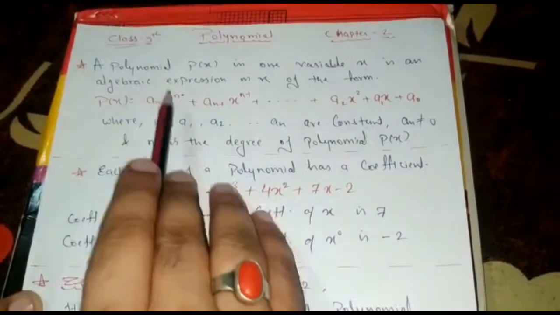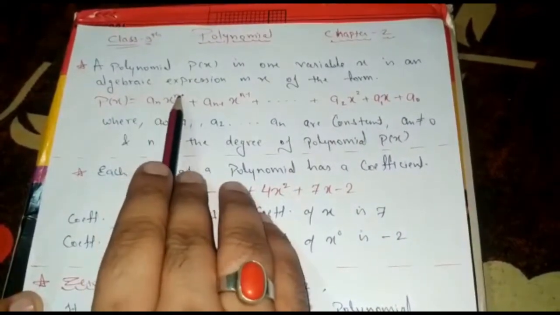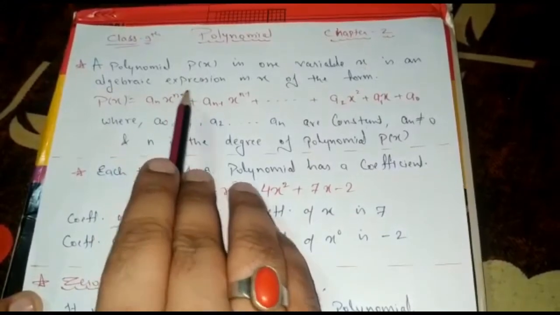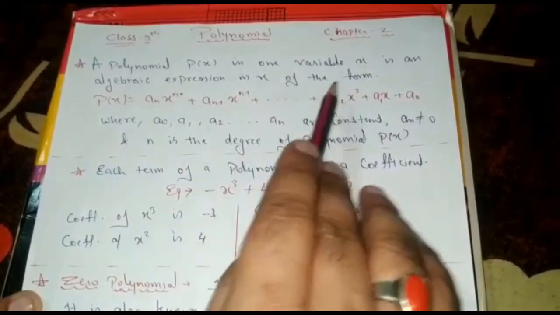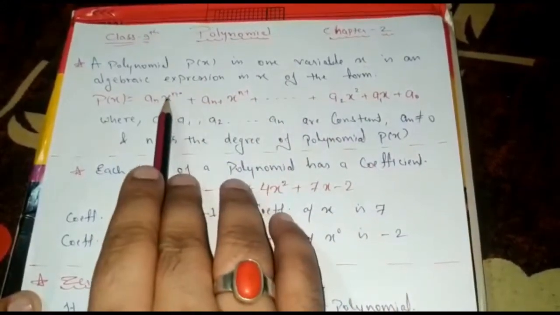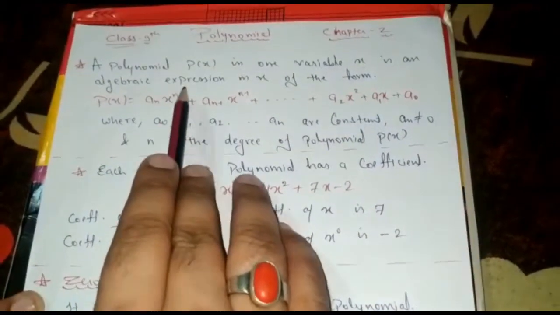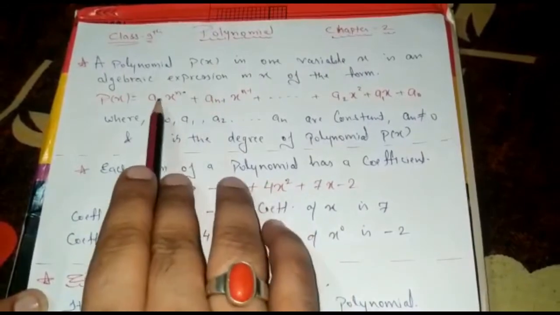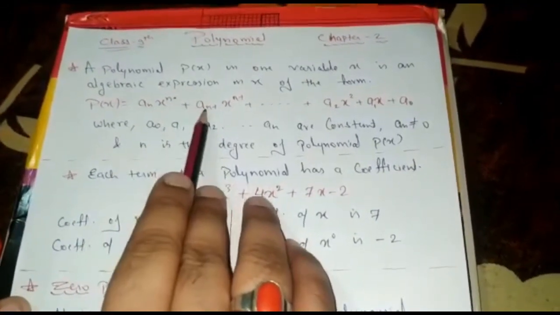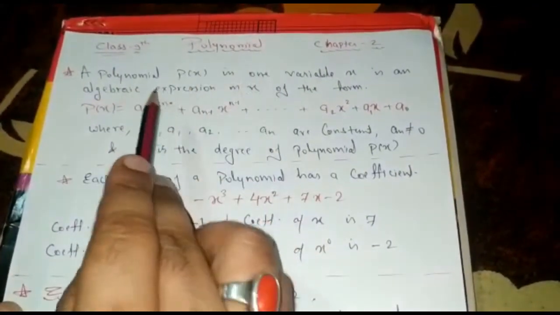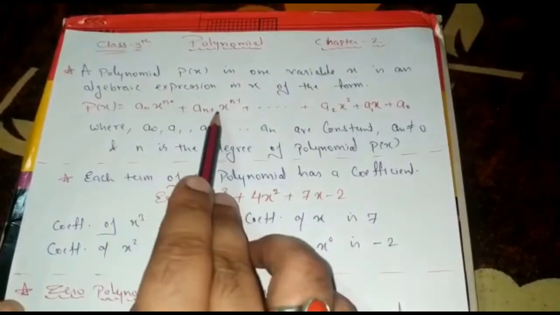So in x^n, the degree of x is decreasing with the next term. On the first term we have a_n x^n, and in the next term we have a_(n-1), so one value is decreased. Similarly the power of x is also decreased.